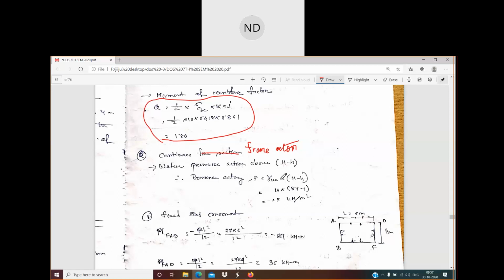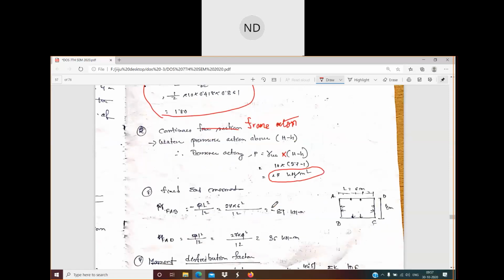So W is equal to gamma into H, where H is capital H minus small h, our top portion. So we have got our pressure as 27 kilonewton per meter square.